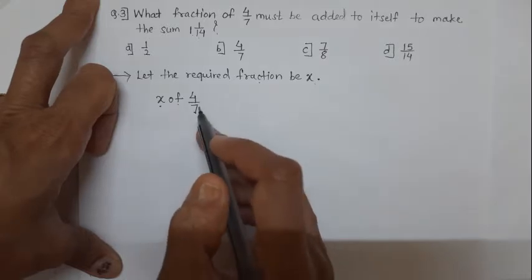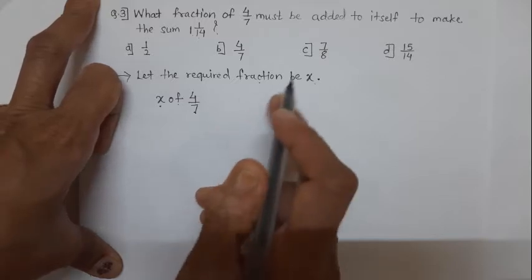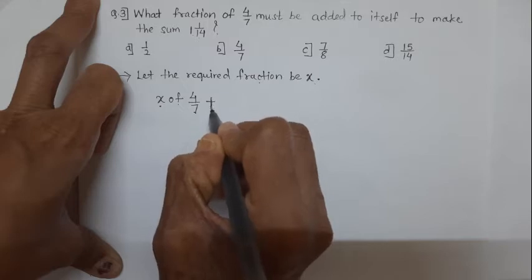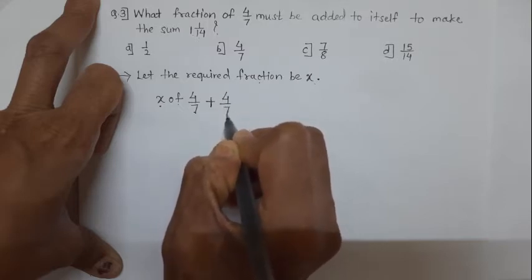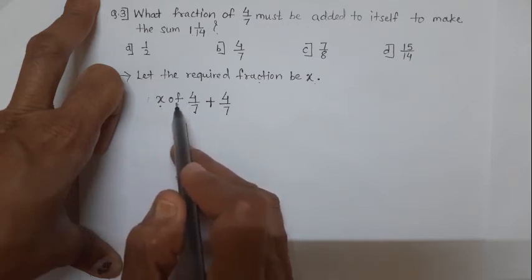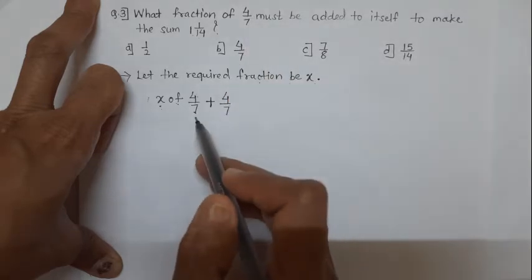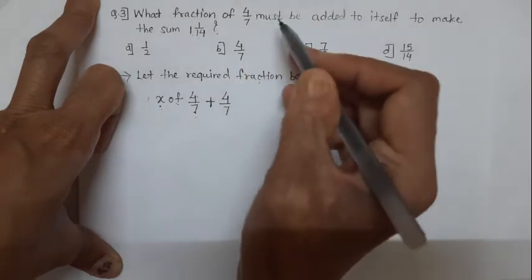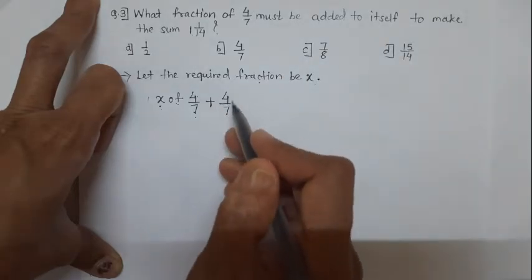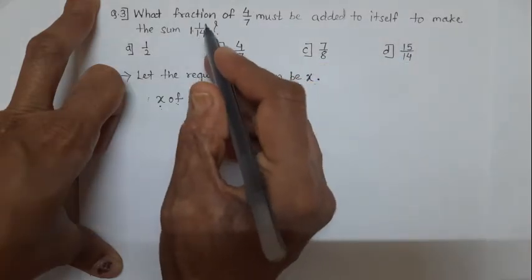What fraction of means x of 4 upon 7 must be added to itself. 4 upon 7 added to itself, so again plus 4 upon 7, to make the sum 1 integer 1 upon 14.